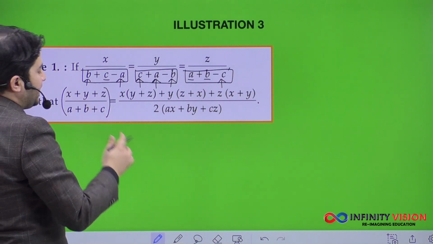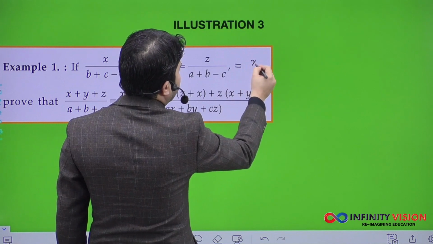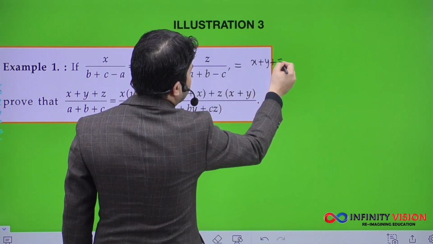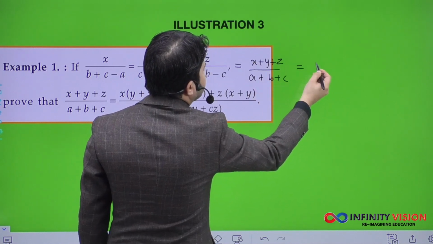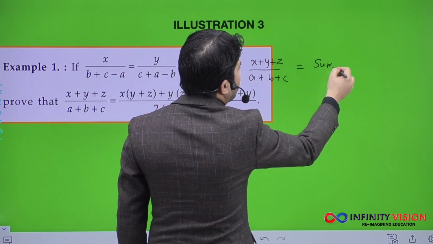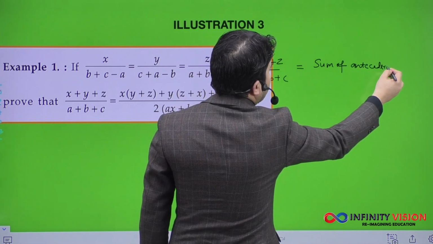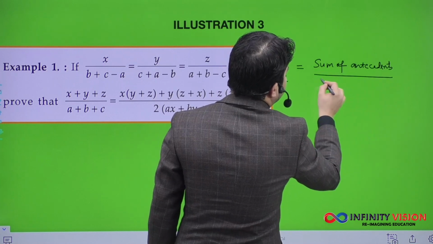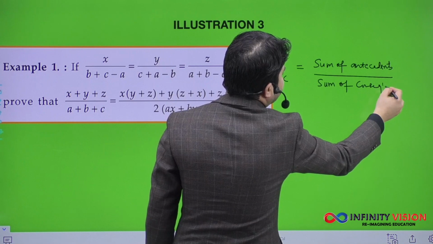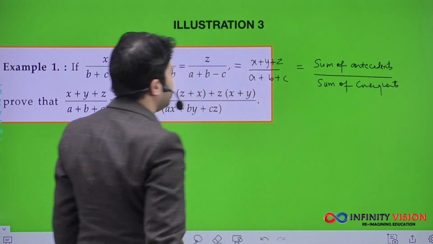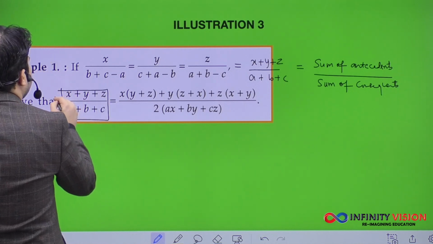So definitely I can say that this is equivalent to x plus y plus z upon a plus b plus c, that is sum of antecedents upon sum of consequents. So we have handled the left hand side. The left hand side has been tackled, that this will be equal to this.